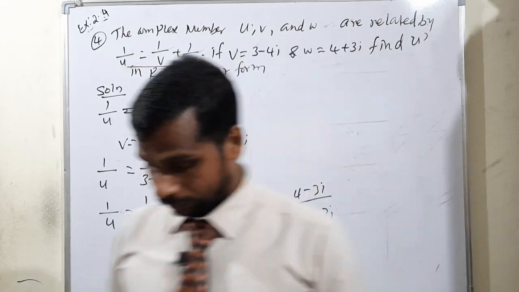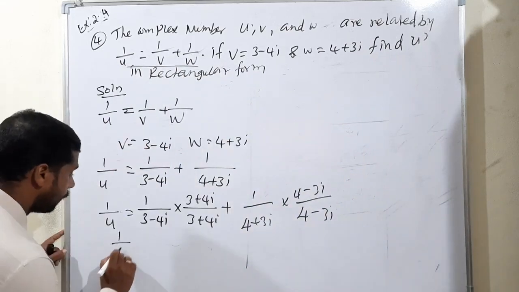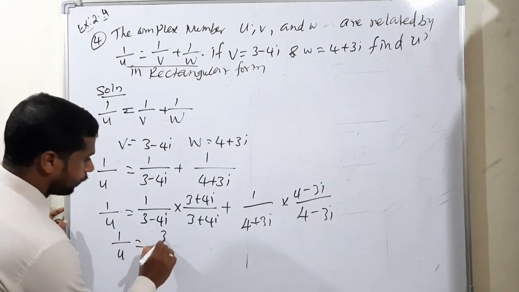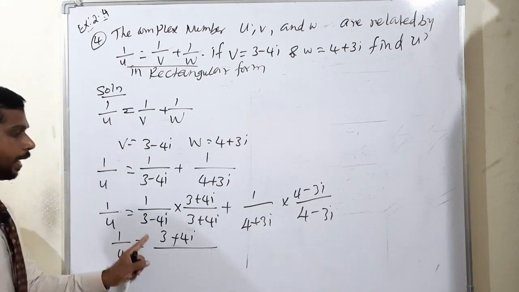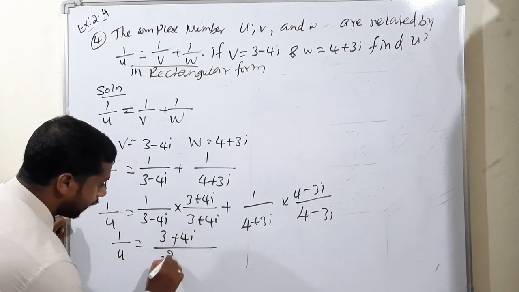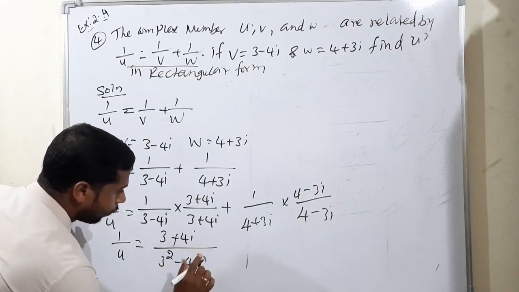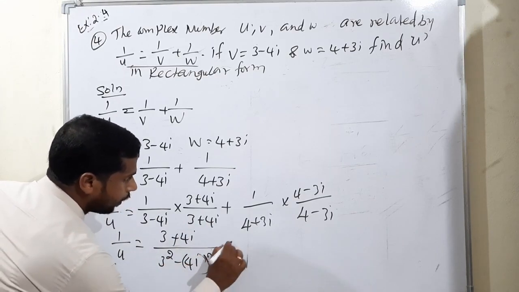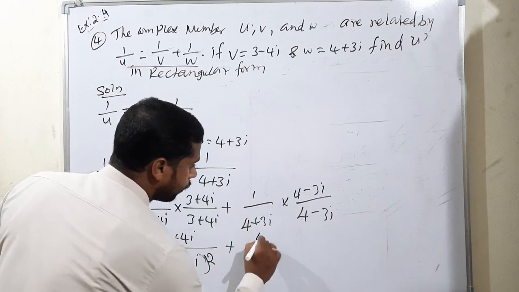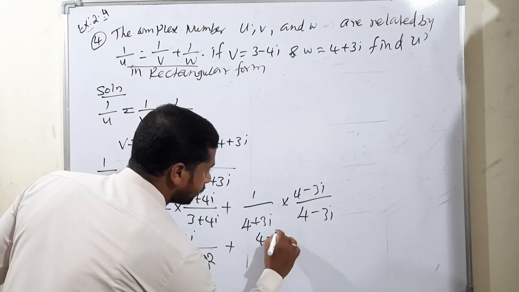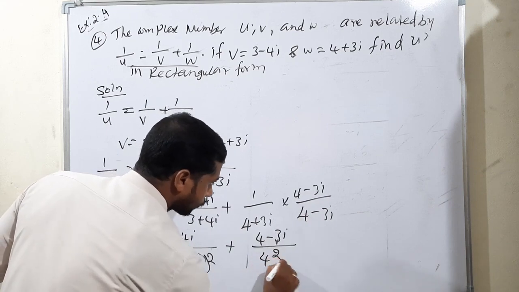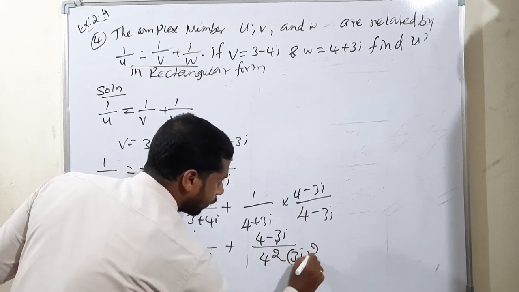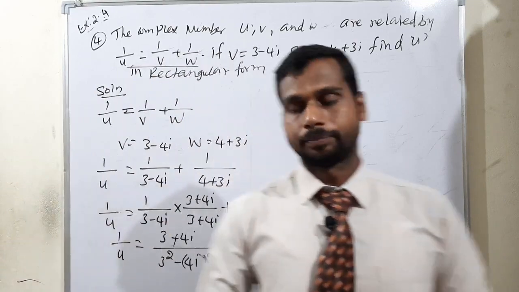So 1/u has numerator 3 + 4i as it is, and the denominator by (a + b)(a − b) is 3² − (4i)², plus the second part, 4 − 3i as it is, with denominator 4² − (3i)².